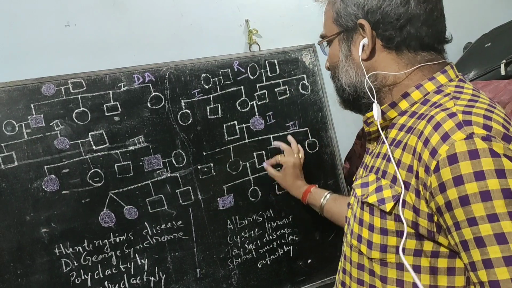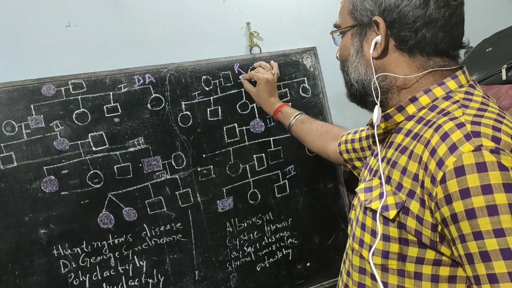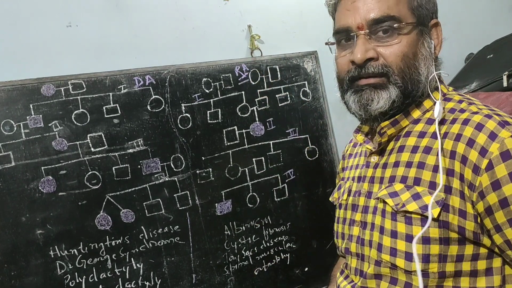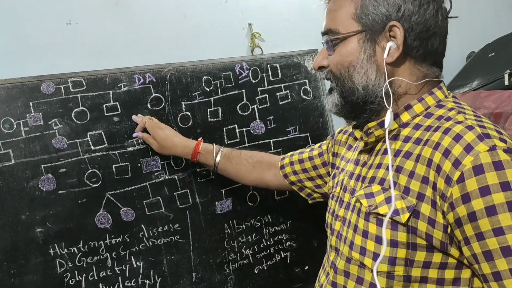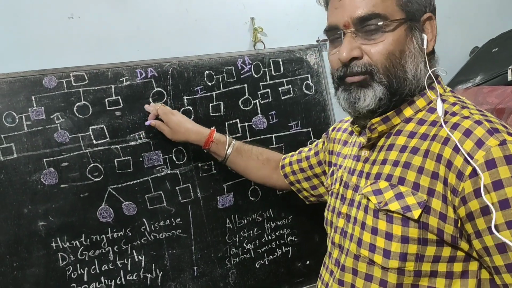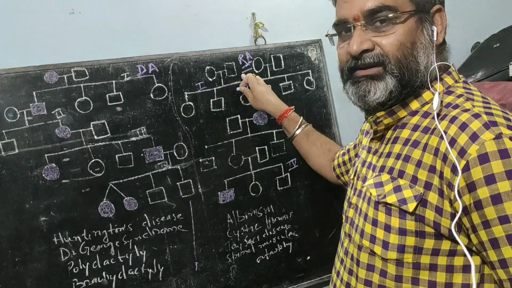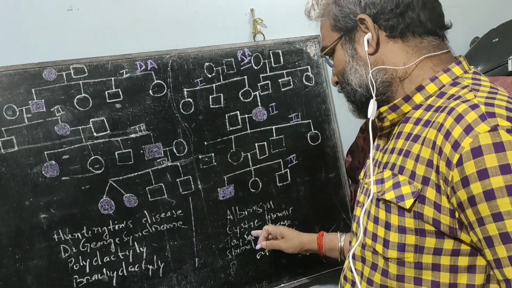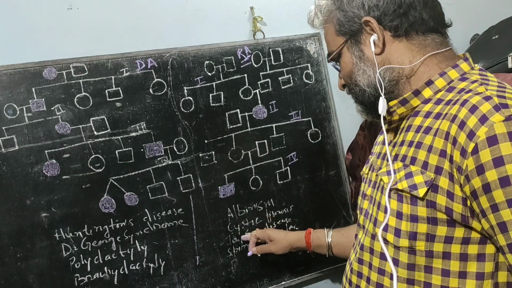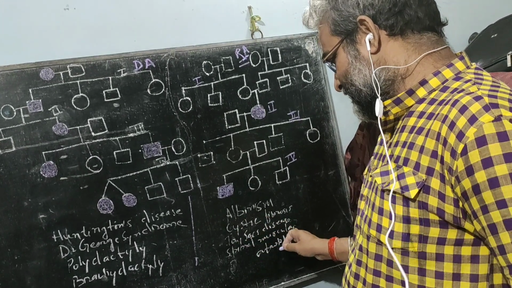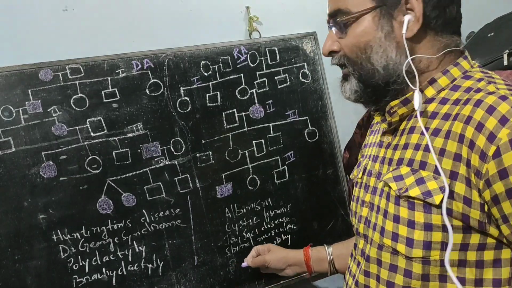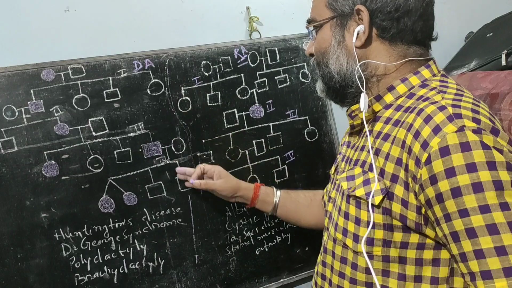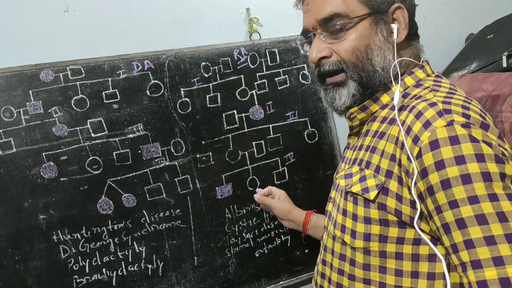That means the pedigree represents recessive autosomal. Earlier, the pedigree represented dominant autosomal nature. Some recessive autosomal diseases are albinism, cystic fibrosis, Tay-Sachs disease, spinal muscular atrophy, like this. In this way, we observe the nature and pattern of the analysis.